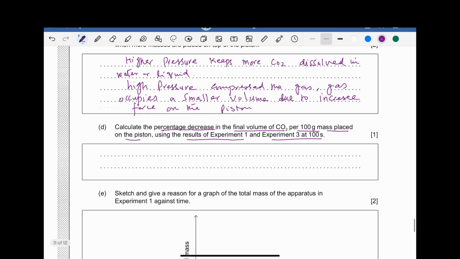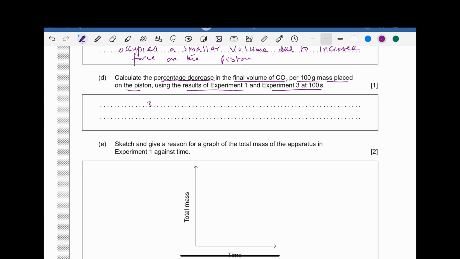So initial volume 33 minus final volume, which is 11.5 centimeter cube, divided by initial volume, which was 33, and if I solve this, that will give me 0.65, and then times by 100 divided by 4, and that will give me 16.28. I can round it to 16.3%.